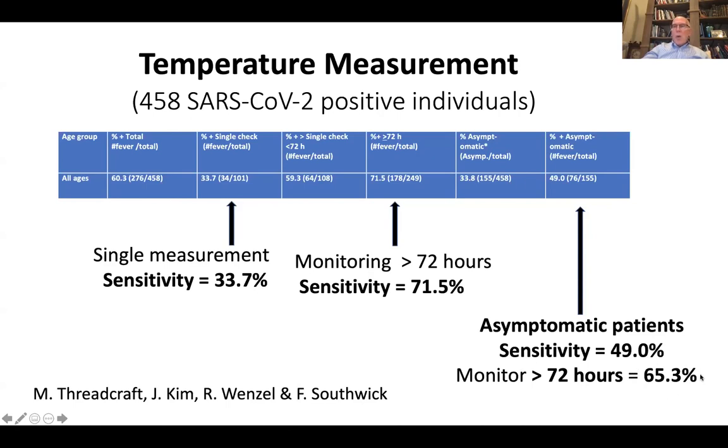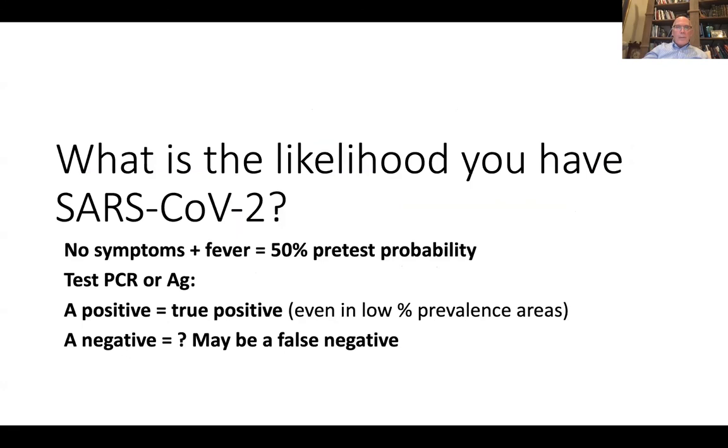And if you recall, one of the antigen tests had a sensitivity of 65.3. I would maintain that by monitoring your own temperature, you can actually detect the onset of this disease. And if you don't have fever, you can feel quite secure that you don't have COVID-19, and you don't have to wait in line for hours and hours to decide whether you're infected.